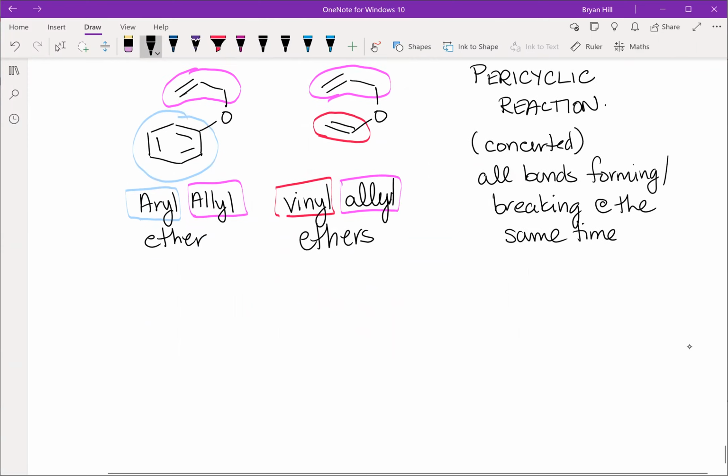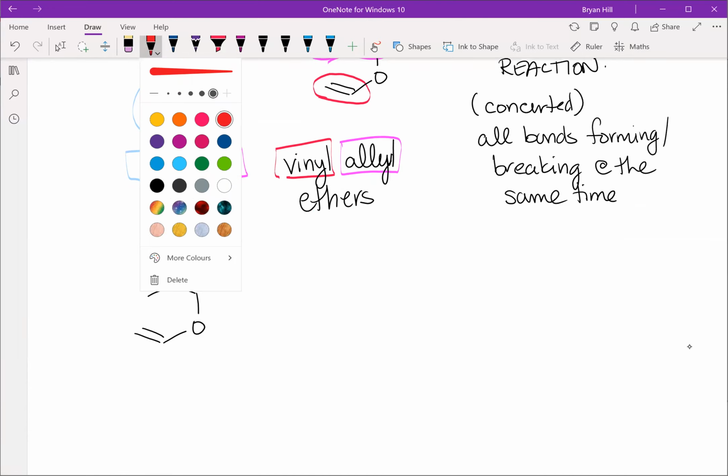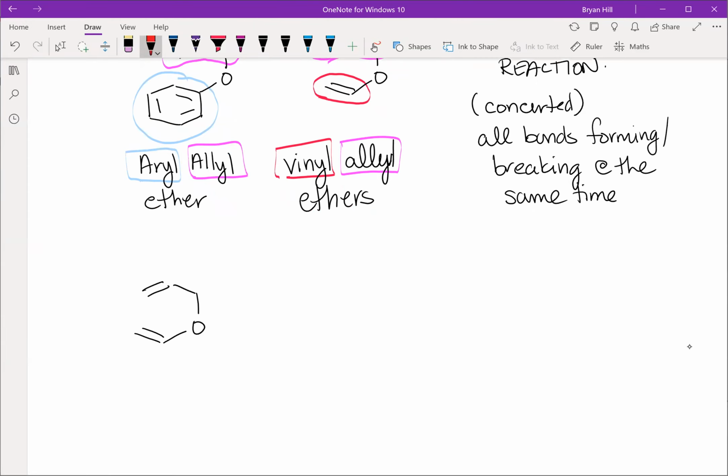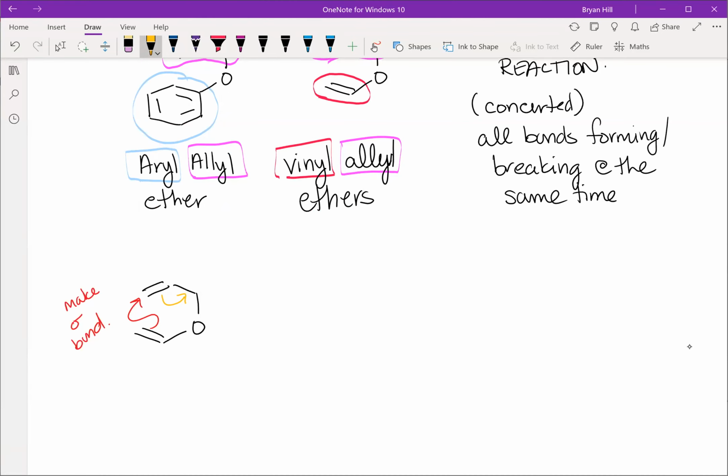And the way that this would work, and we'll do it with the vinyl allyl ether first, is that we have a cyclic transition state and all the electrons basically move around in a ring. So these electrons are going to go here to make a sigma bond. These electrons are going to move here.